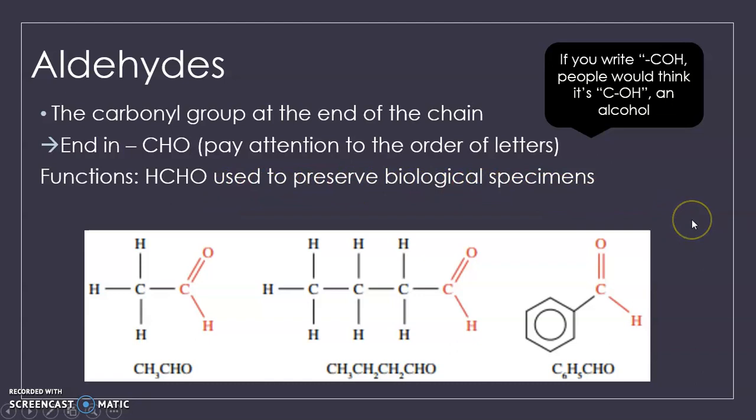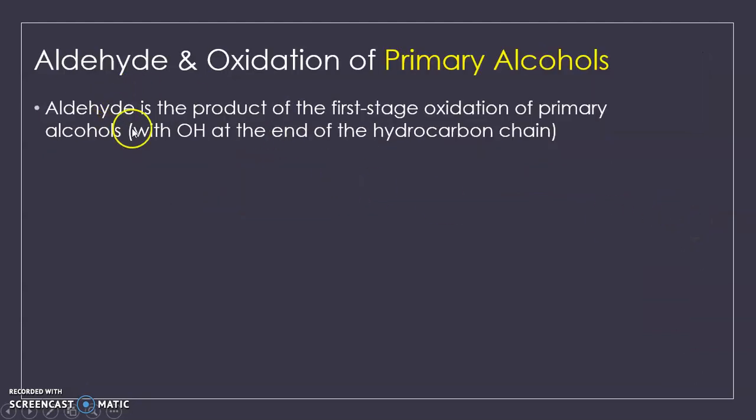So why do we need to know aldehydes? Because aldehyde is the first stage oxidation product of primary alcohols. Primary alcohols refers to the alcohol with a hydroxyl group at the end of the hydrocarbon chain.